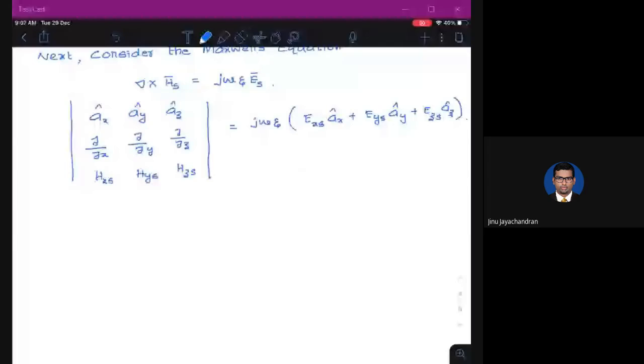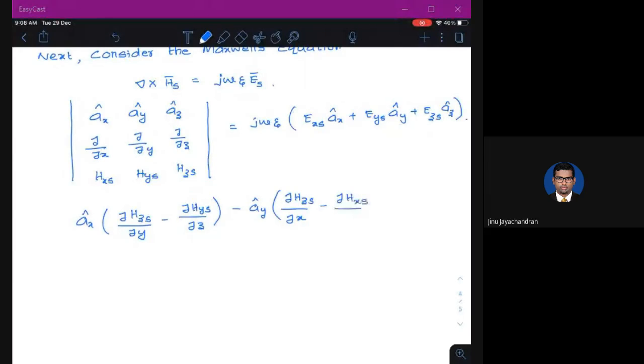So AX cap into dou HZS by dou y minus dou HYS by dou z, minus AY cap into dou HZS by dou x minus dou HXS by dou z, plus AZ cap into dou HYS by dou x minus dou HXS by dou y is equal to j omega epsilon into EXS AX cap plus EYS AY cap plus EZS AZ cap.